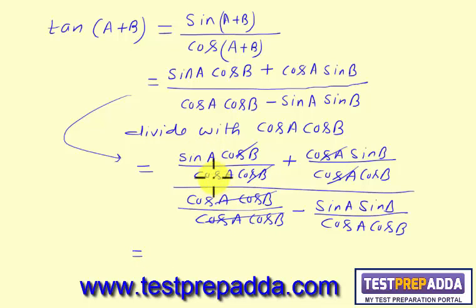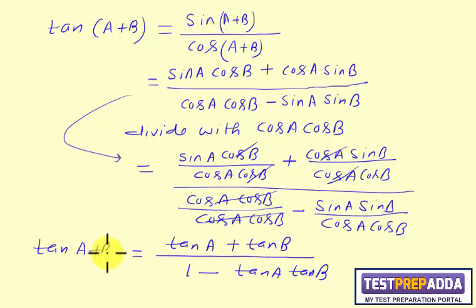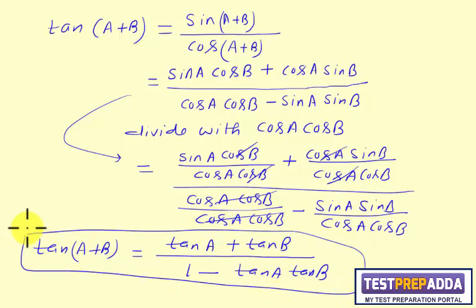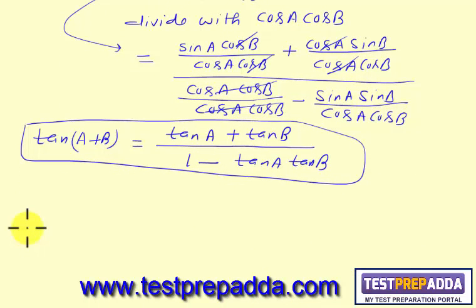Now sin A upon cos A will be written as tan A, and sin B upon cos B will be written as tan B, upon 1 minus sin A upon cos A, tan A, sin B upon cos B is tan B. So this way we got a very interesting identity, tan(A+B) is tan A plus tan B upon 1 minus tan A tan B.